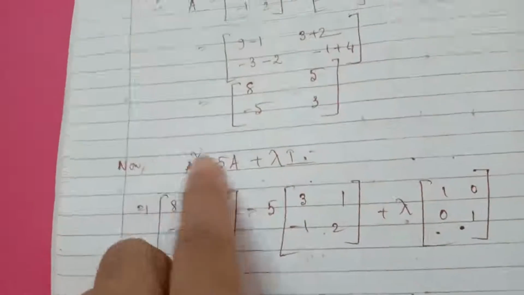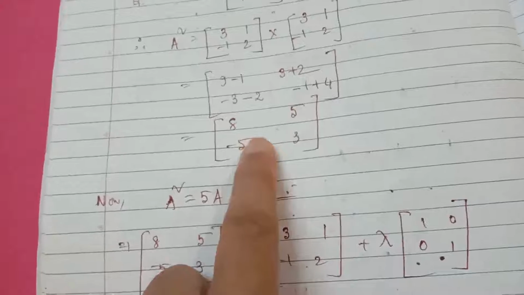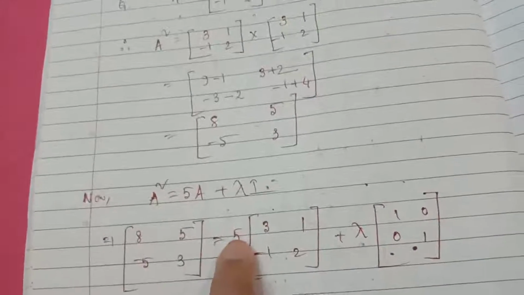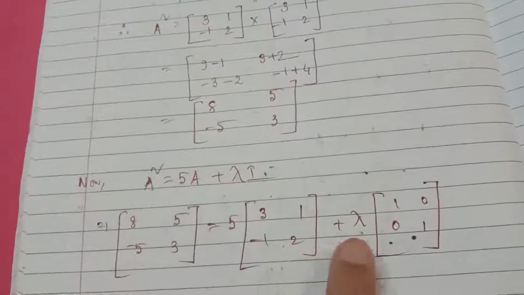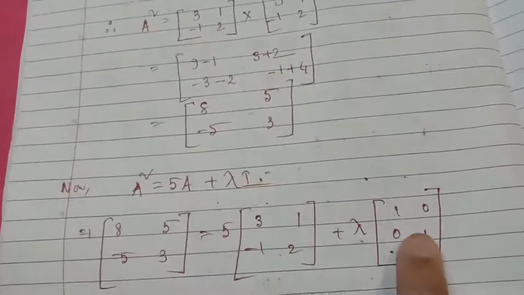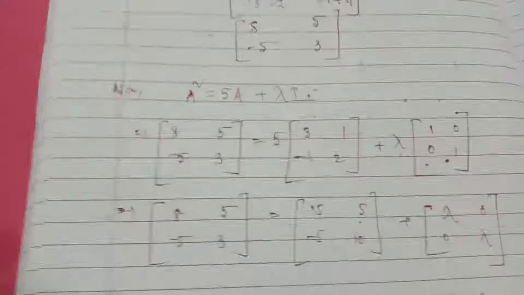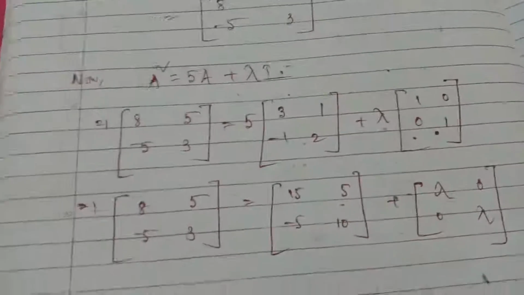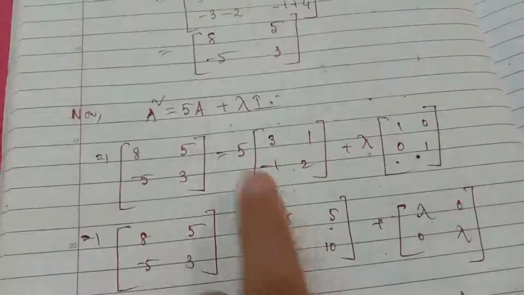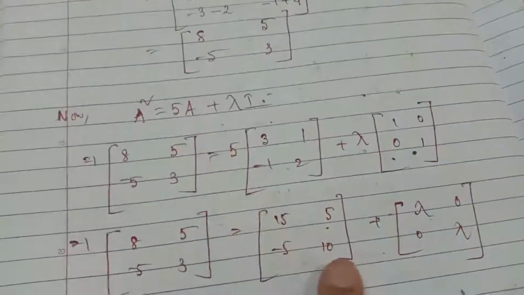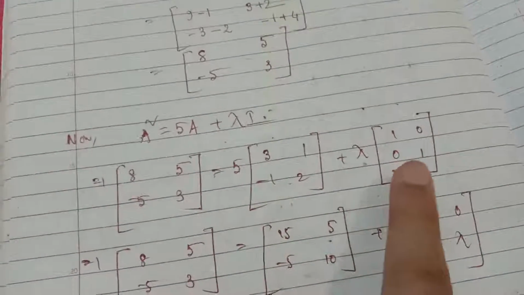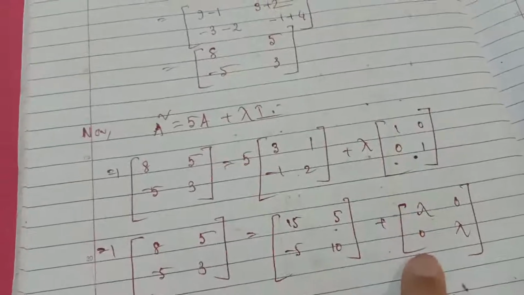So given A square equal to 5A plus lambda I, this is the matrix A square. 5 into, this is the matrix A, plus lambda into I, meaning the identity matrix of order 2, as A is of order 2. Okay. Now by scalar multiplication we get this: multiplying this matrix by 5 we get this matrix, and this matrix by lambda we get this matrix.